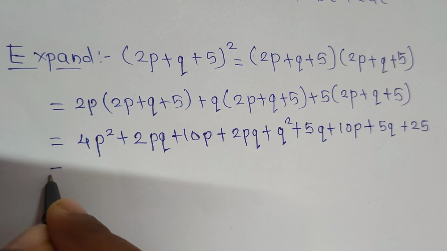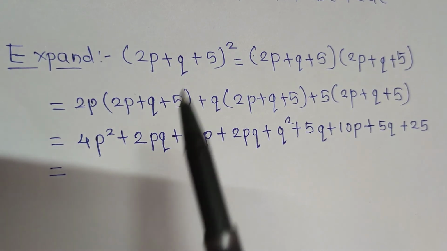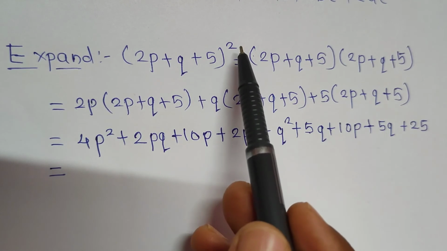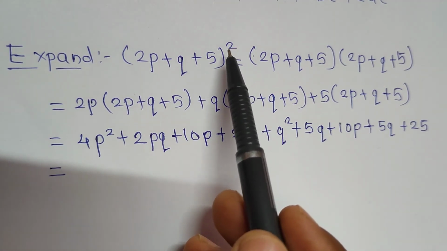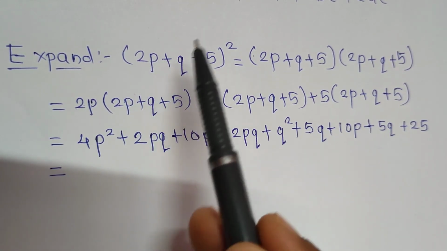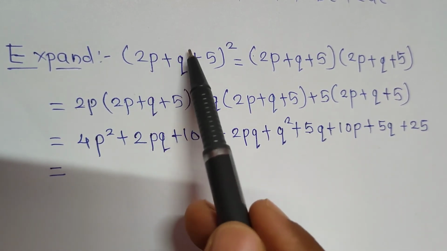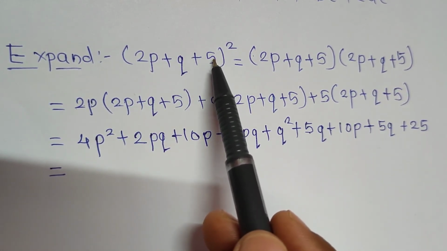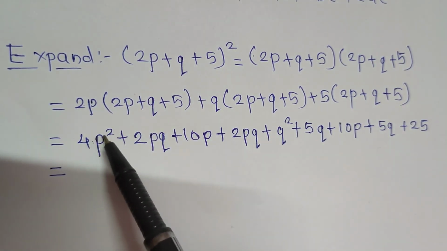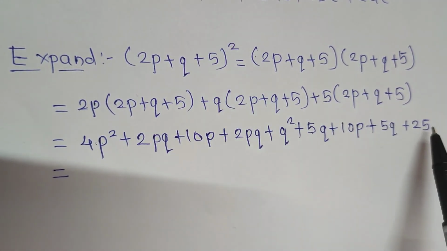This is equal to, now see, according to the original example (2p + q + 5) whole square, we will have the individual squares of every component: 2p's square, then q's square, then 5's square. So we will have square of p, square of q and square of this simply a number. 2p square will be 4p square. So this number will remain same. Again q square will remain same and 5 5s are 25 we have here.